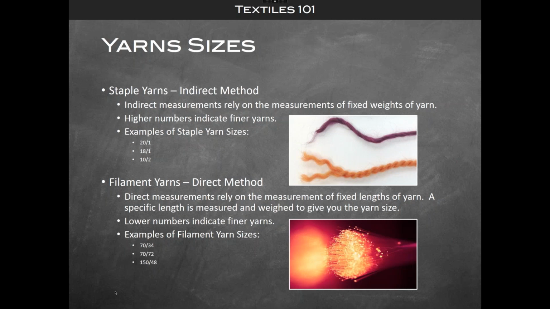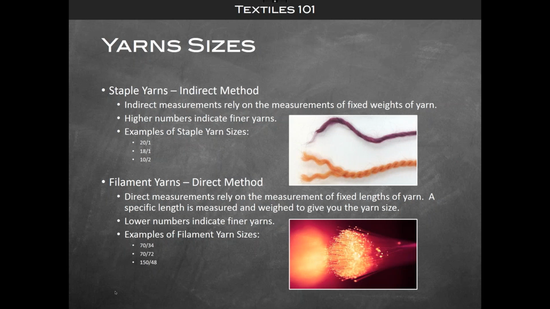The higher numbers indicate finer yarns, and examples of staple yarn sizes are 20 singles or 18 singles or a 10 double, like a twisted yarn, for example. The first number is telling you your yarn size, and then the second number is telling you how many plies of the yarn that you have.